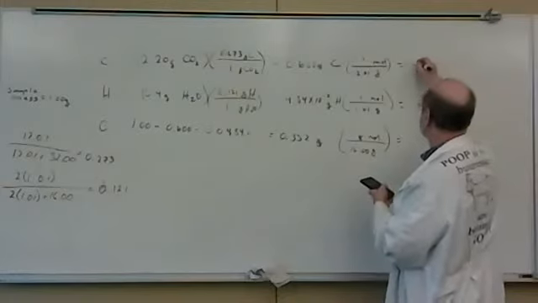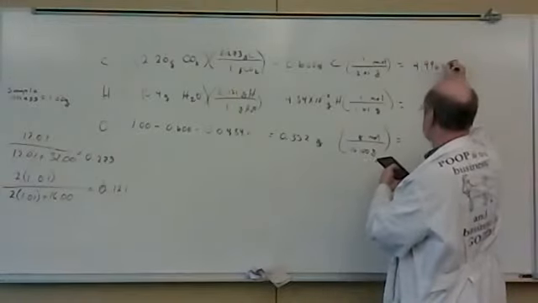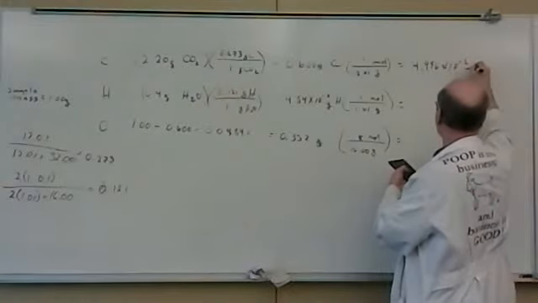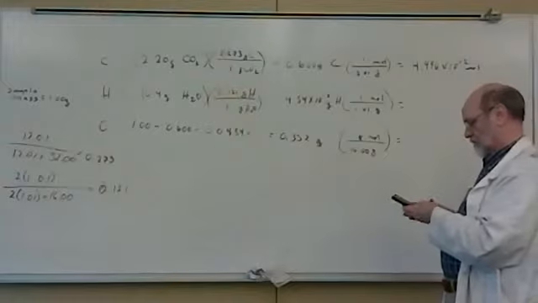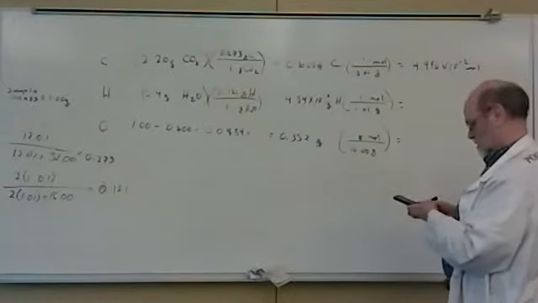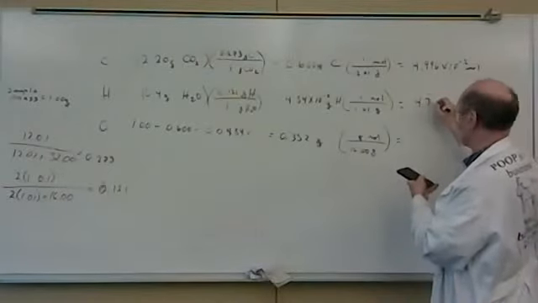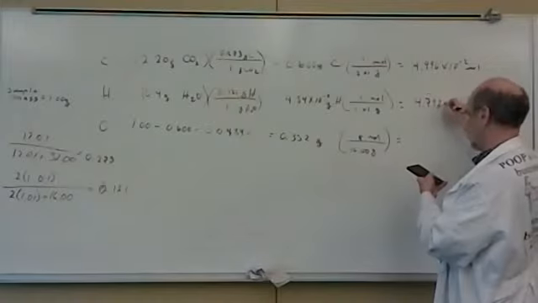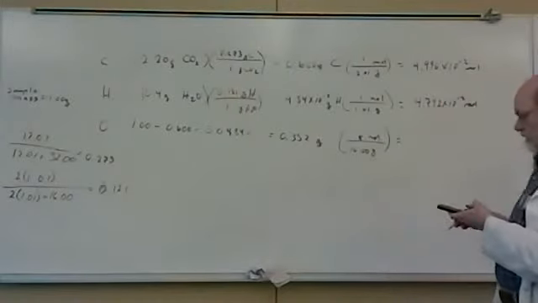So here we have 4.996 times 10 to the minus 2 moles of carbon. And this is 4.792 times 10 to the minus 2 moles of hydrogen.